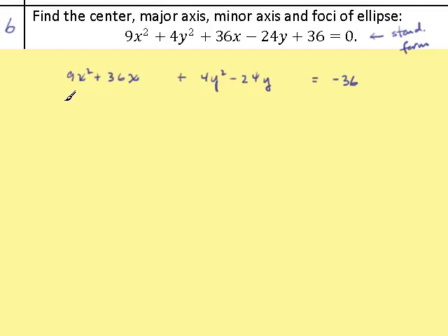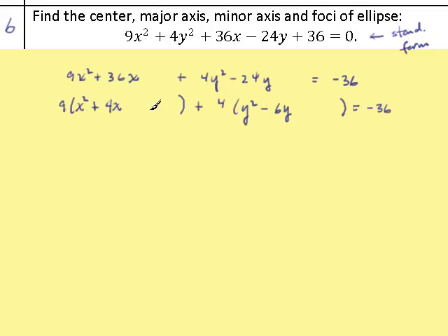All right, let's factor out the 9. So we have x squared plus 4x, and I'll leave some room here. And factor out the 4, so we have y squared minus 6y, and I'm going to leave some room here. Okay, now complete the square.